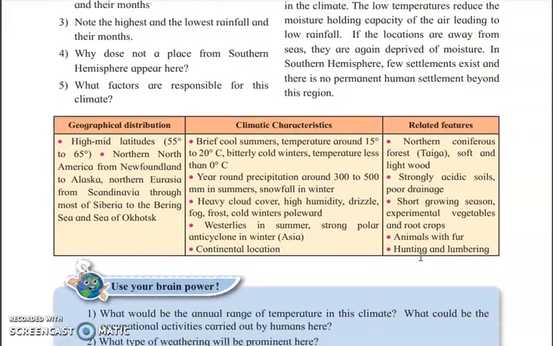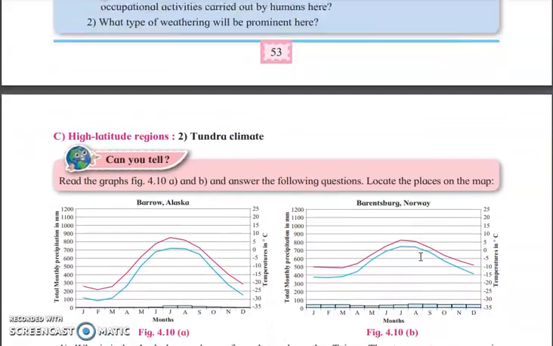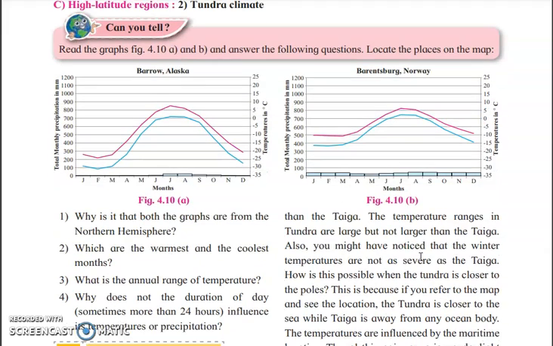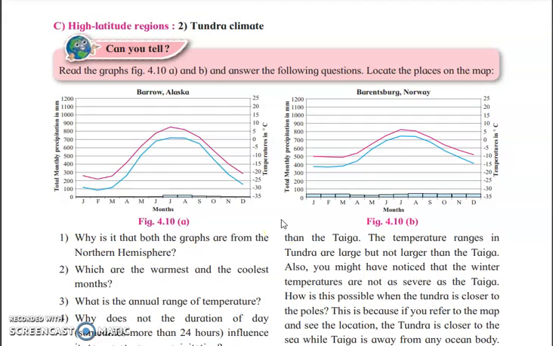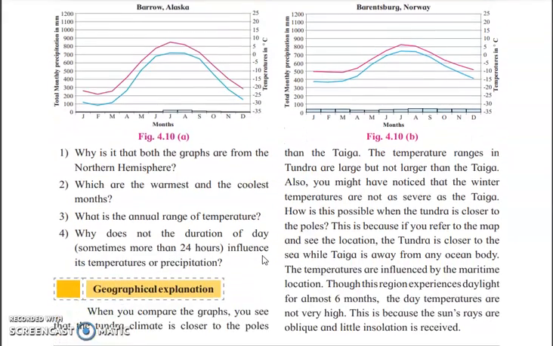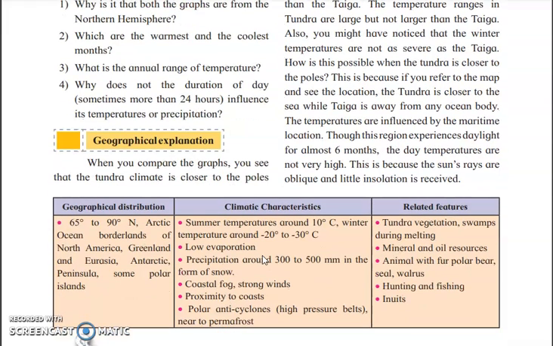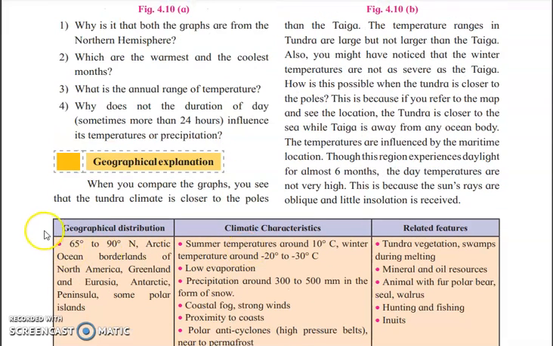Now the next region, in the high latitudes, is the tundra region. The tundra region also has a very low temperature. The extension of the tundra region is from 65 to 90 degrees north.